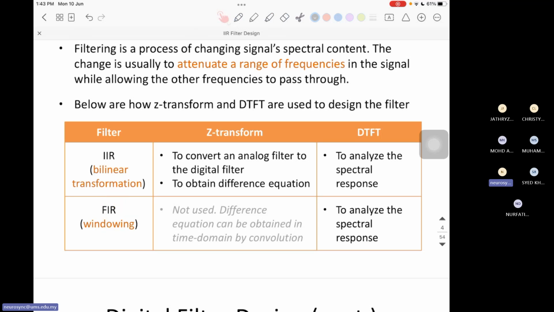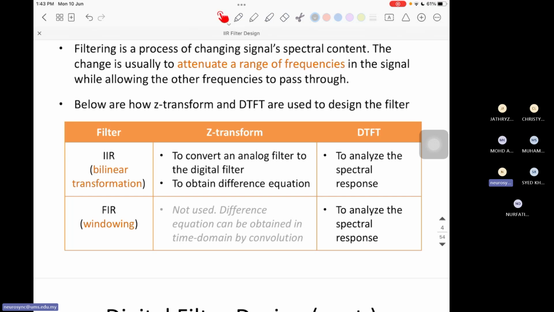In this filter design, we will be using the Z transform and the discrete time Fourier transform for the design of the filter. Okay, so today we will focus on the IIR filter design, and here we will be using the bilinear transformation. So what is that bilinear transformation? We will see in the coming slides.